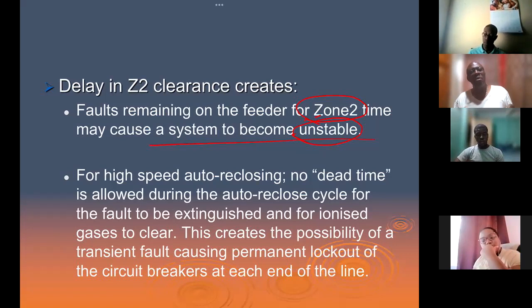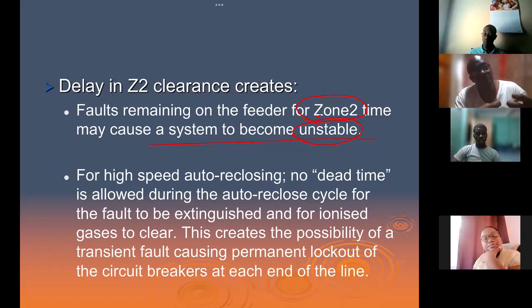Then when the auto recloser seeks to bring back the line into service, because one end is not cleared, it will basically be bringing it back onto a fault. You with me? So the fault itself may have been removed.